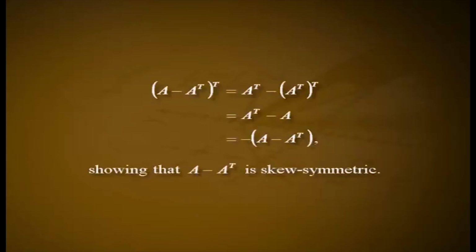Transpose of A minus A transpose is equal to A transpose minus transpose of A transpose, which is equal to A transpose minus A, is equal to minus of A minus A transpose, showing that A minus A transpose is skew symmetric.